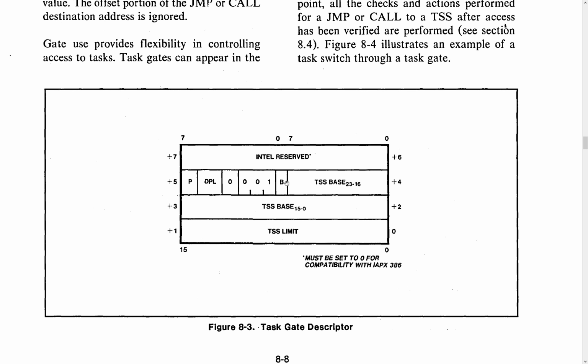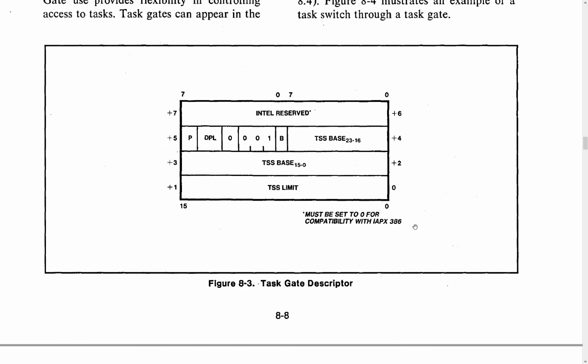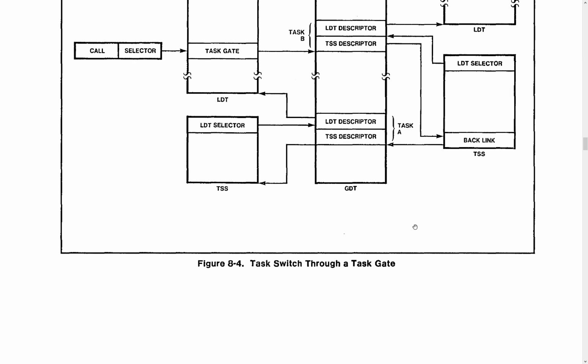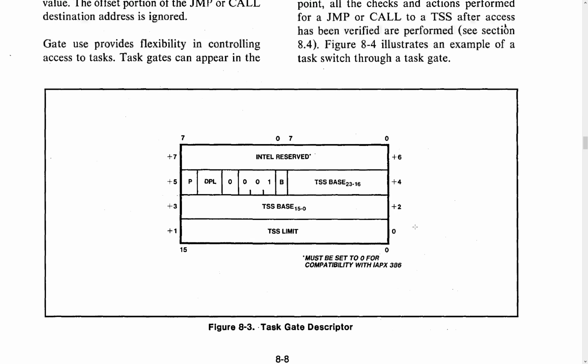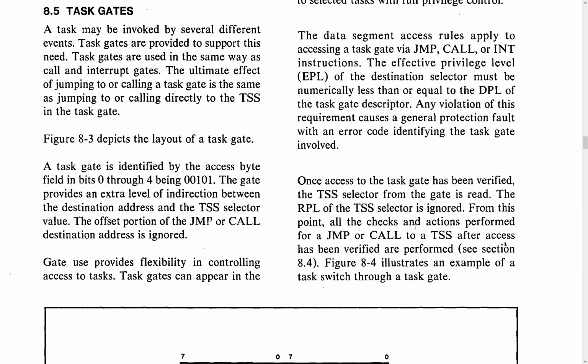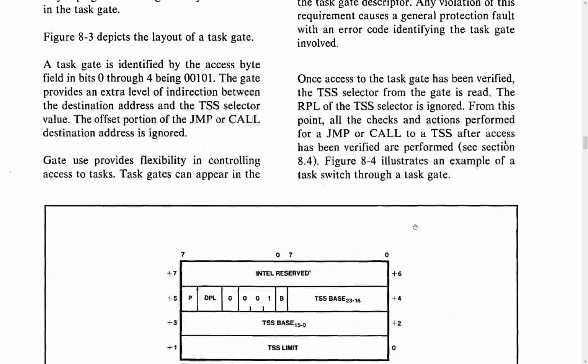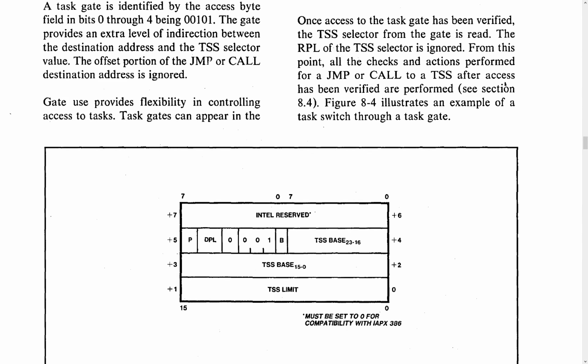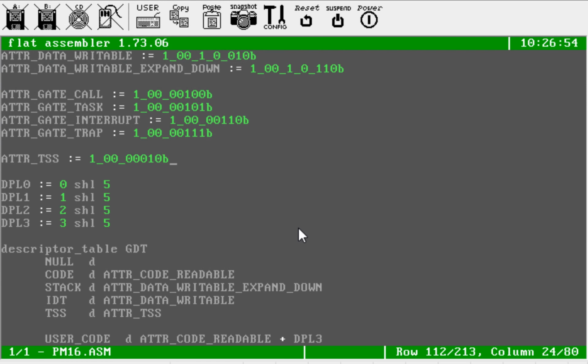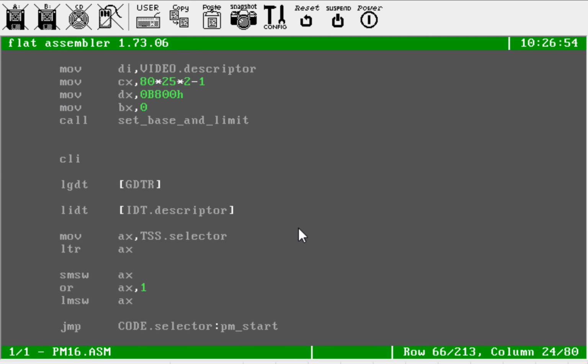It's 3 zeros and 1, and this additional bit is set to 0. Okay, so we are loading the task register with the selector of the task state segment. This should set up the task state segment for us.